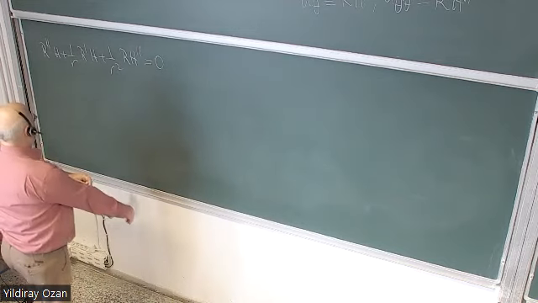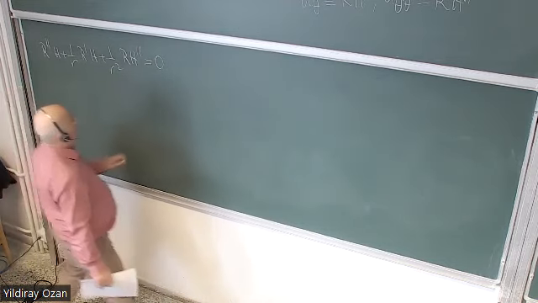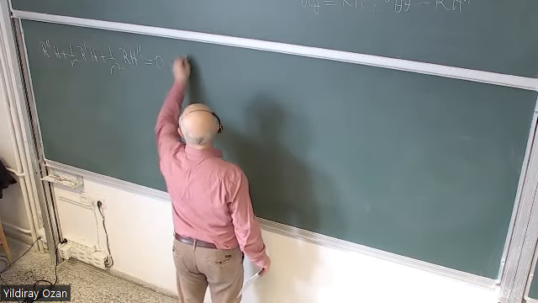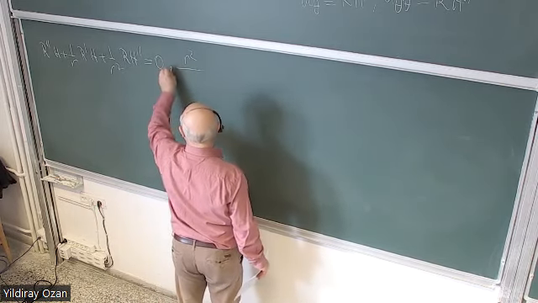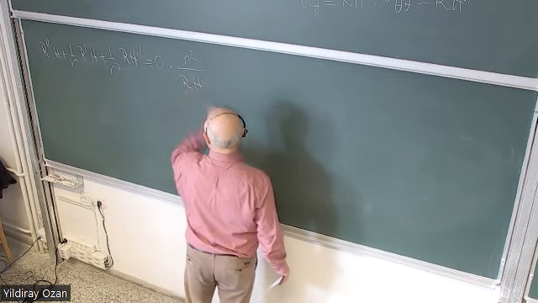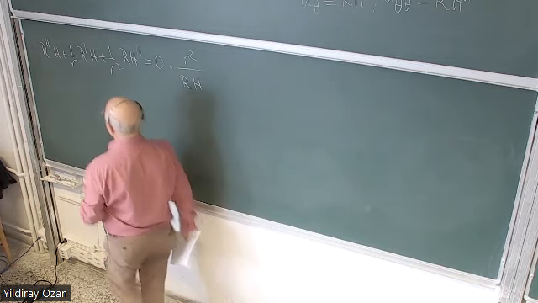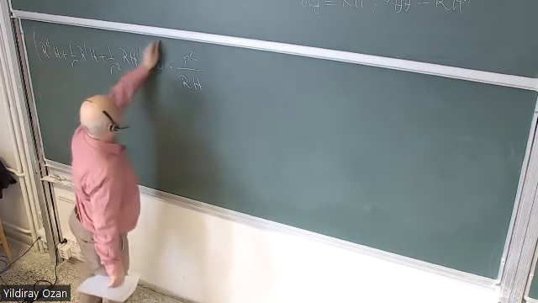And then we multiply with r squared and divide by R times H, all sides. Okay, so the whole equation.